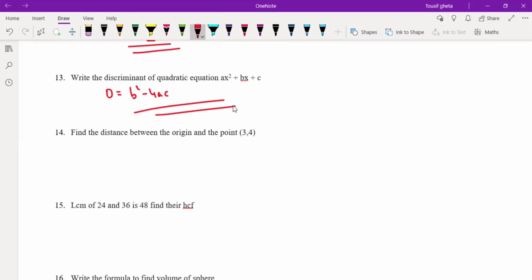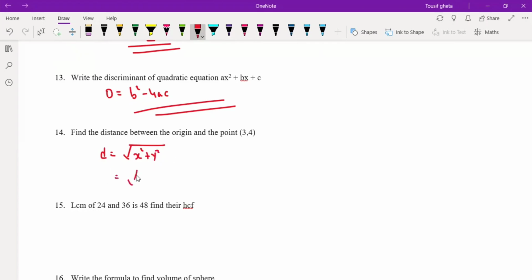So the next question they're asking you to find the distance between the origin and the point 3 comma 4. So we know the distance formula. Distance is equal to root x square plus y square.